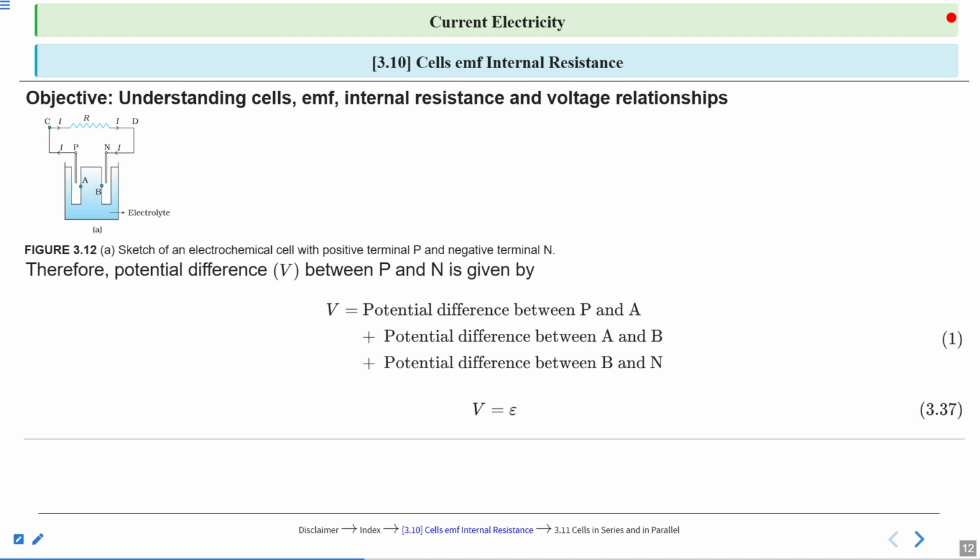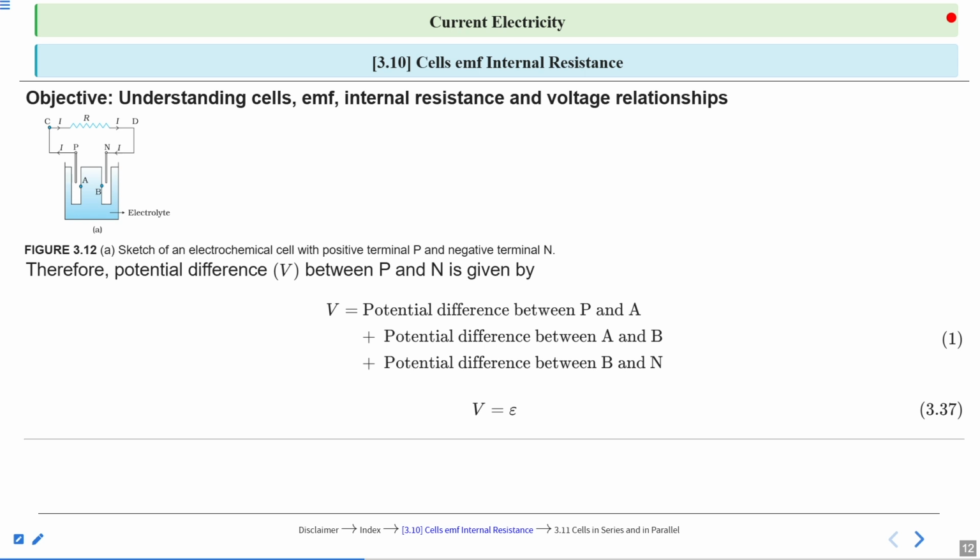V is equal to the sum of three potential differences: the potential difference between point P and A, plus the potential difference between point A and B, plus the potential difference between point B and N.